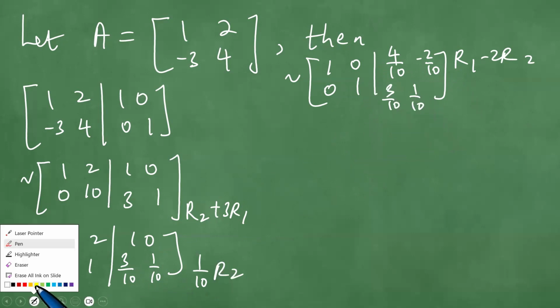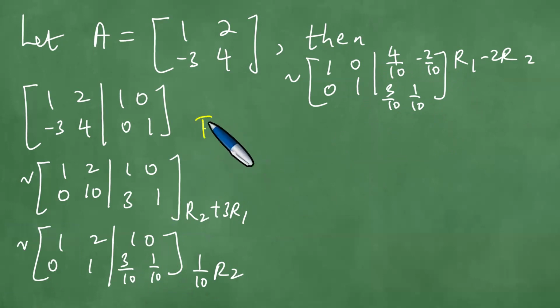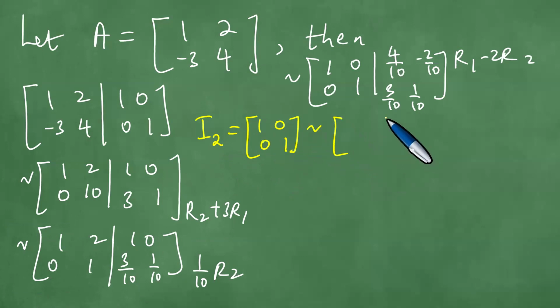As a consequence, what we have here is the 2 by 2 identity matrix, or the identity matrix of order 2, which is 1 and 0, 0 and 1. We perform an elementary row operation, only one, okay?